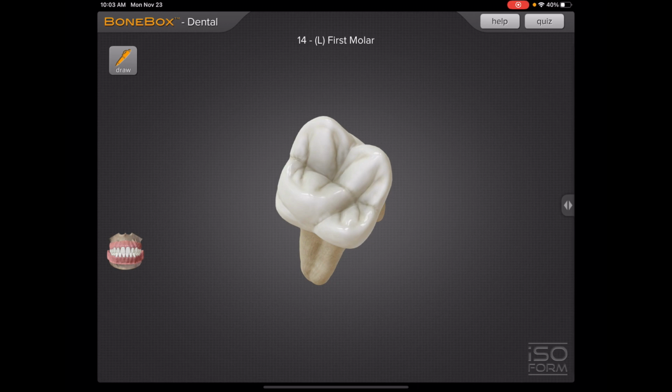For example, you have your buccal developmental groove and the lingual developmental groove that may extend further buccally or further lingually. Just remember that it denotes the line of fusion in between two primary lobes.